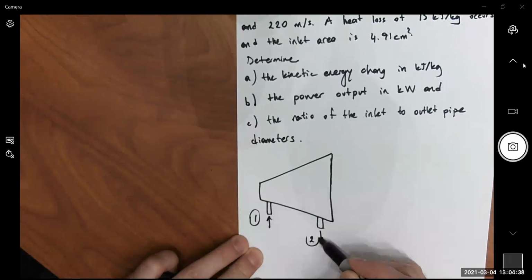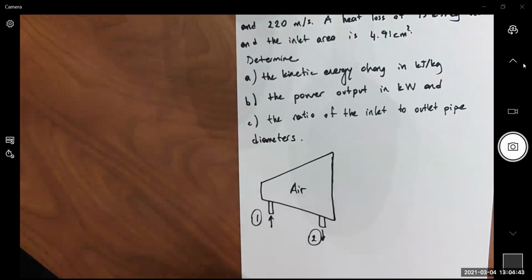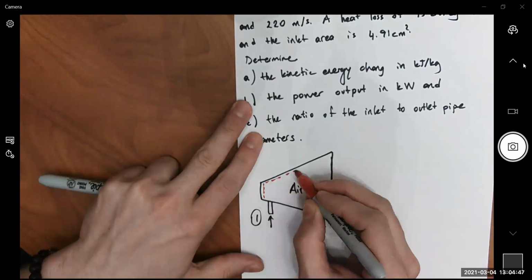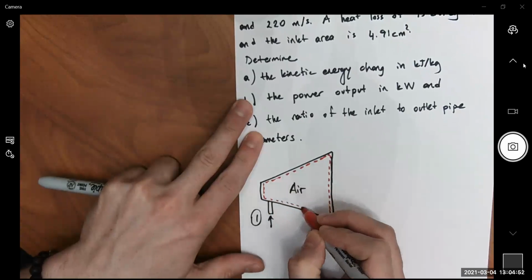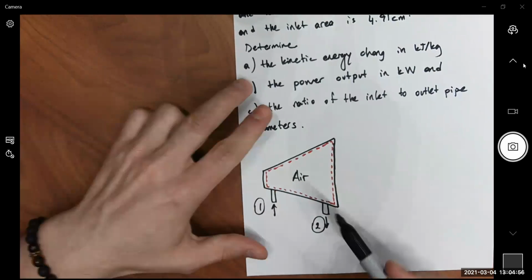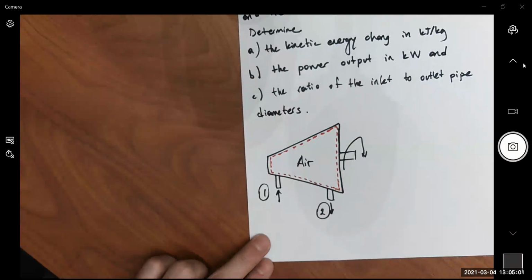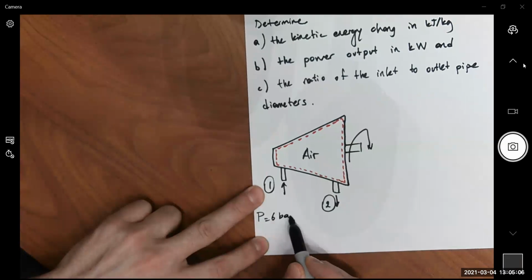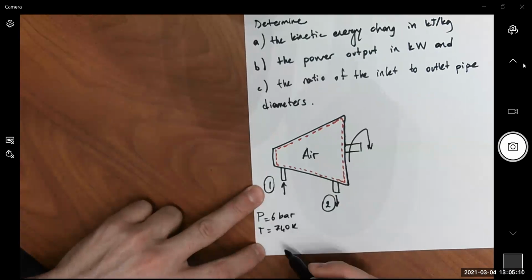One inlet, one outlet. We have air used in the system. Okay. It goes through my boundaries, circulates in the system, and gets out to produce work. So pressure at the inlet is 6 bar. Temperature is 740 Kelvin.